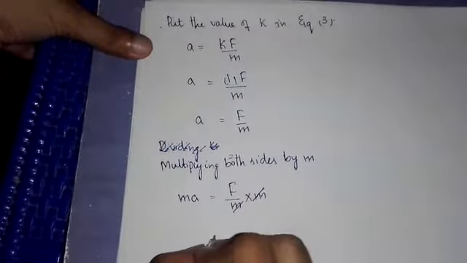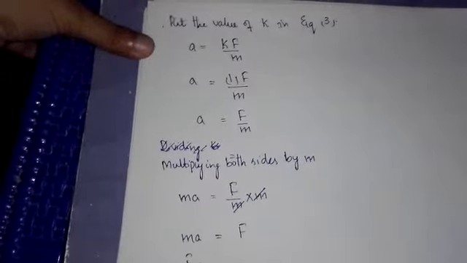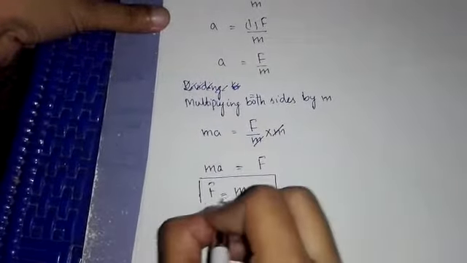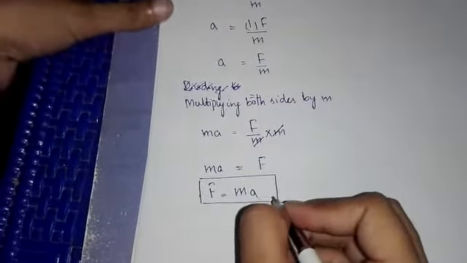This m cancels with this m and f is equal to m a. This is the main statement of this law, that force is the product of mass and acceleration.